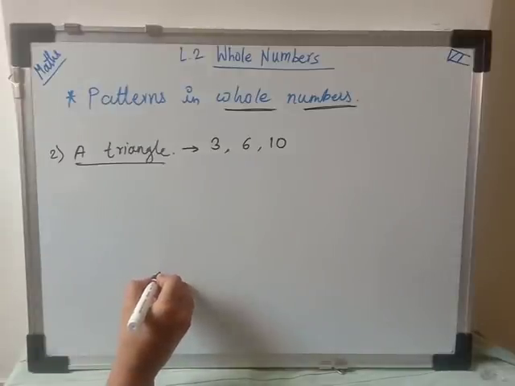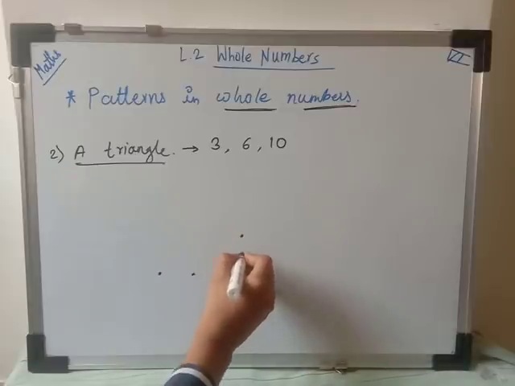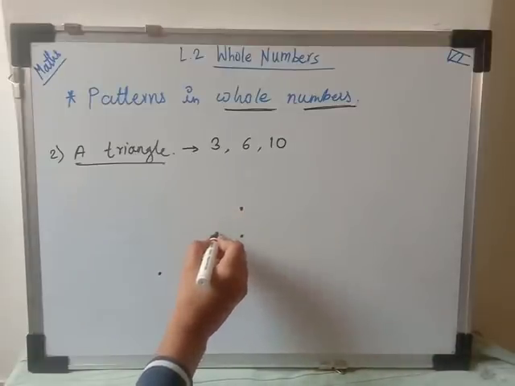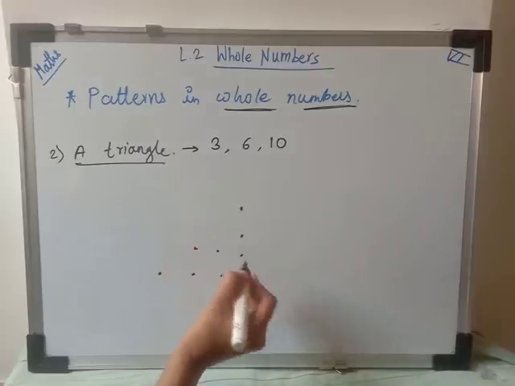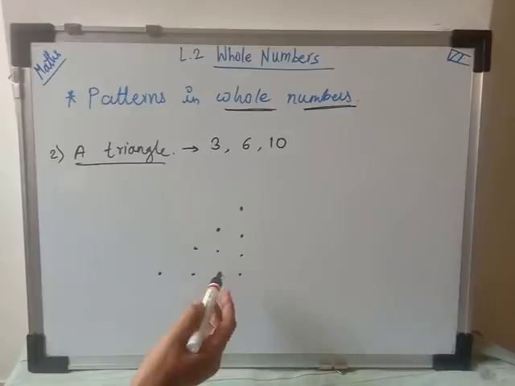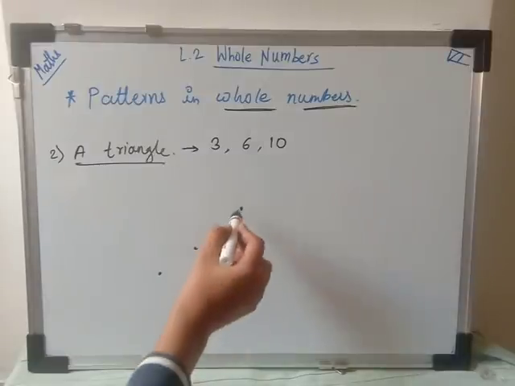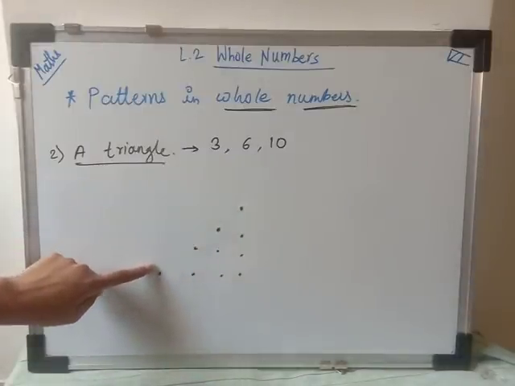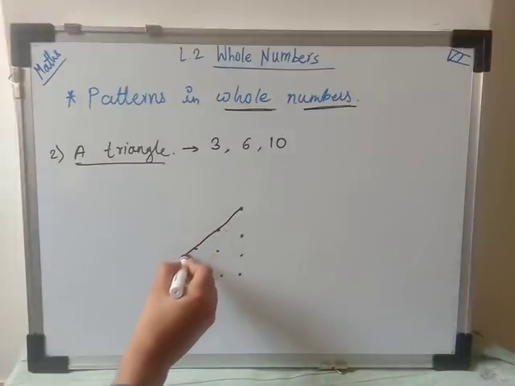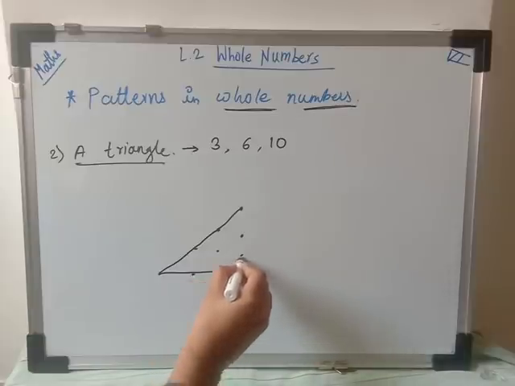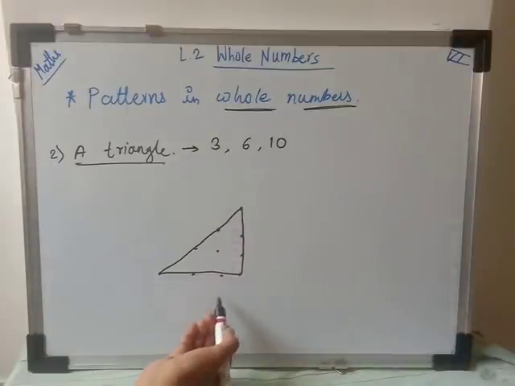So here 1, 2, 3, 4, 1, 2, 1, 2, 3, 4, then 1, 2, and here you can see 1, 2, 3, 4, 5, 6, 7, 8, 9, 10. 10 dots are there, and I have arranged all the 10 dots in such a way that when I connect all these dots together, I can make the shape of a triangle. You can see here we have made the triangle of 10.